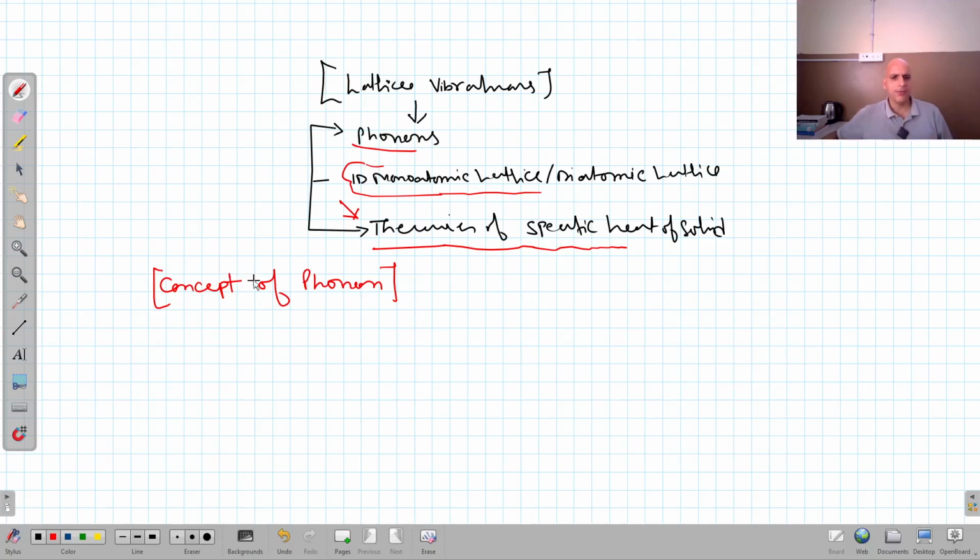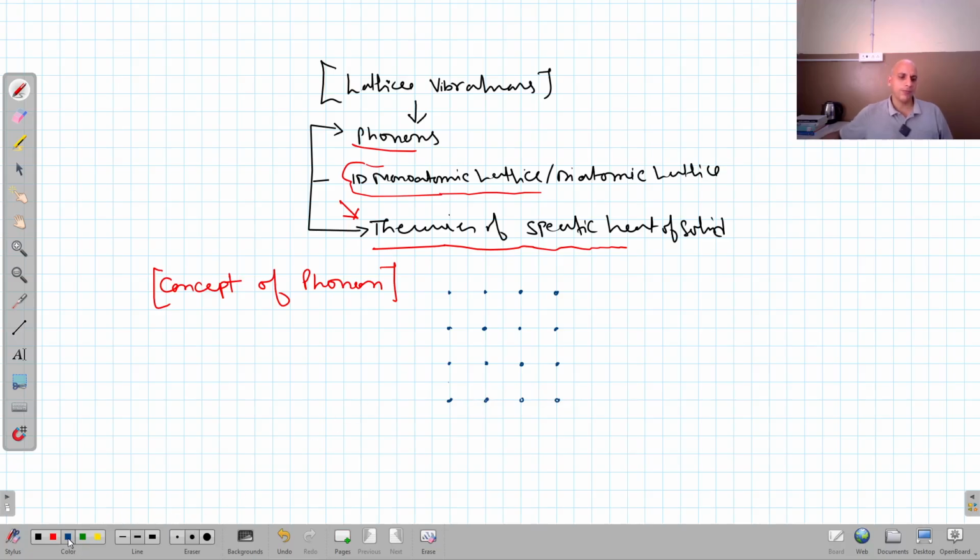Now, if I consider a two-dimensional crystal structure, like this is the two-dimensional crystal structure. This is the atom, this is the atom, this one, this one, and then this one. All these are the atoms inside the crystal structure, atoms or group of atoms.